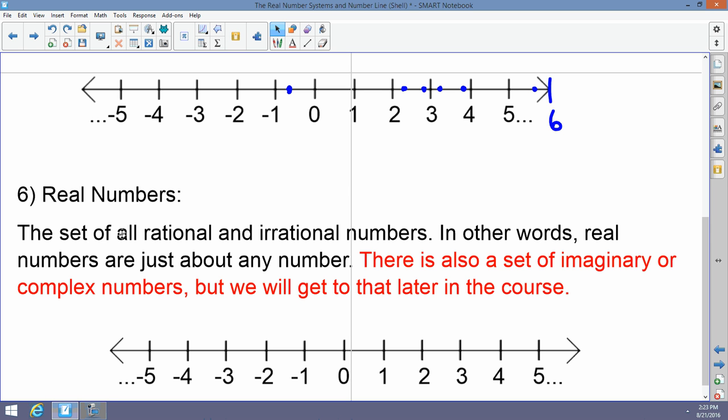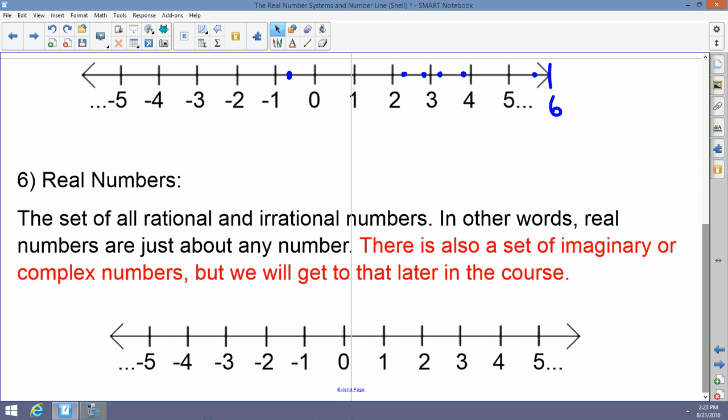Now, as far as graphing real numbers go, you can go ahead and graph any particular value, any decimal, any fraction, any mixed number, any perfect square or non-perfect square, because again, real numbers are both rational and irrational numbers combined.